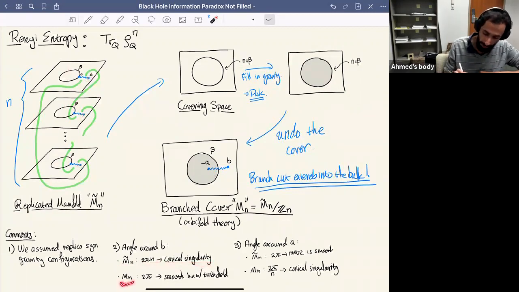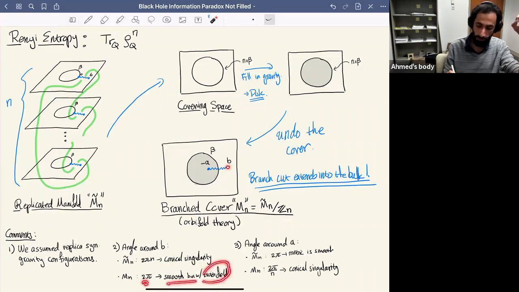From the orbifold theory's perspective, you should think that this point here is actually smooth. The angle is 2π, but there's a defect living on it, which is the twist field.